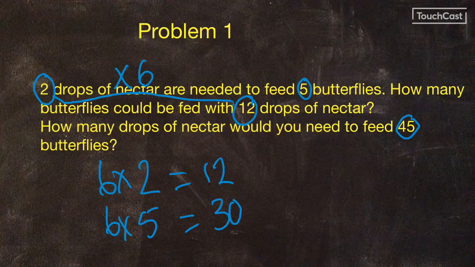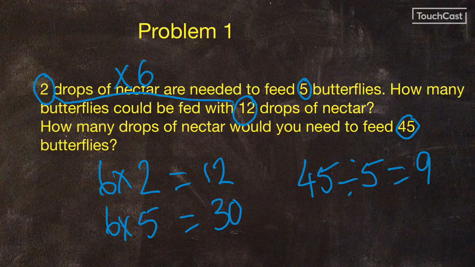Okay, and you could have then noticed that for 45 butterflies, I happen to know that there are 9 lots of 5 in 45, so that meant 9 lots of 2 drops of nectar.